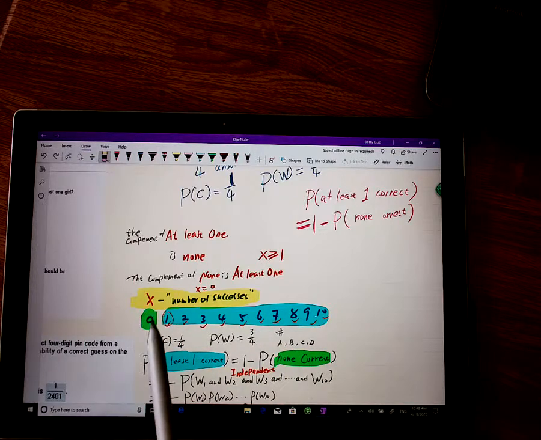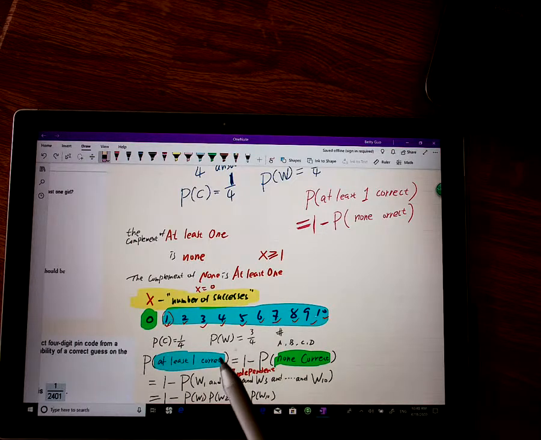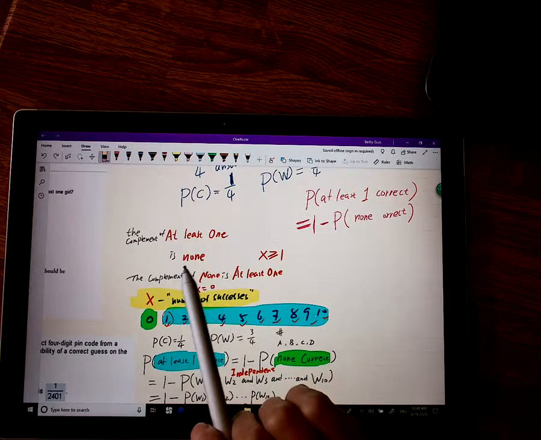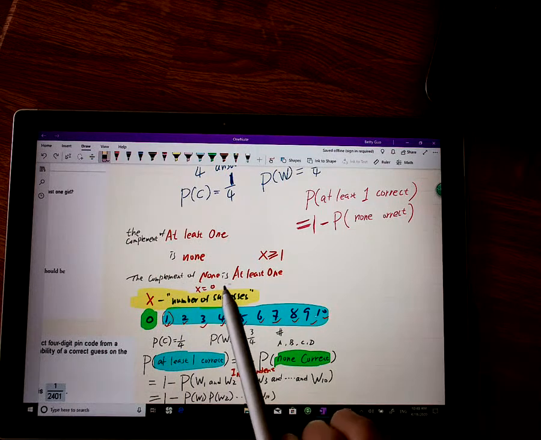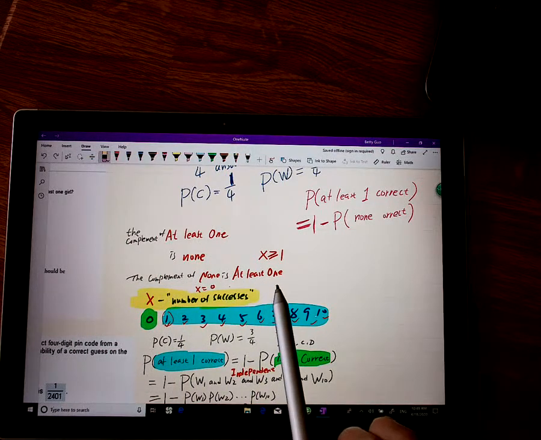Would that be 0? Is that understandable? So here we have a very, very important fact that you need to remember. The complement of at least one is none, or the complement of none is at least one. Sounds very catchy, right?